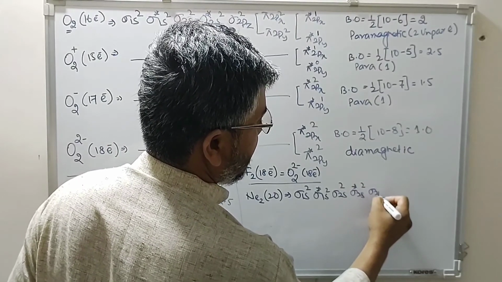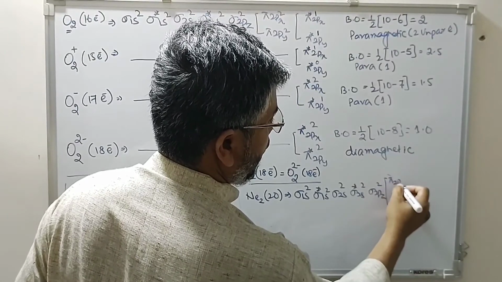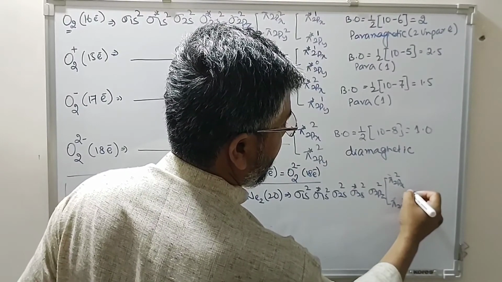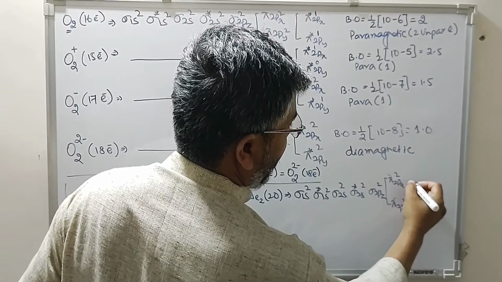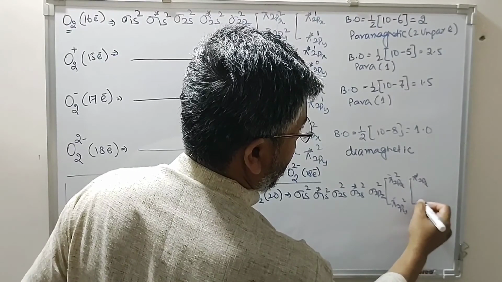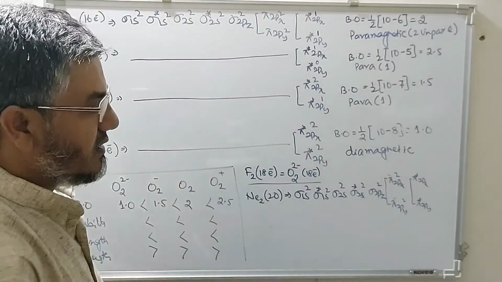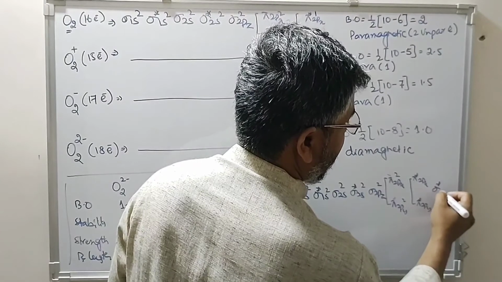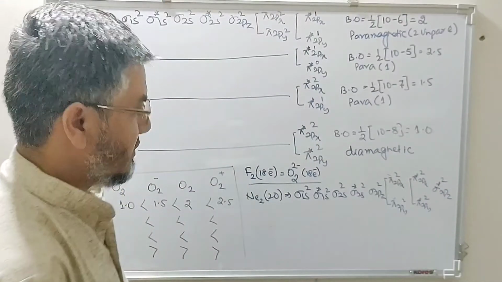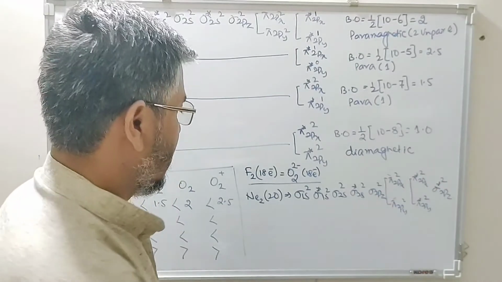Then we have sigma 2pz2, pi 2px2, pi 2py2, then pi star 2px2, pi star 2py2. So this was 18. Then we have sigma star 2pz2. So we have 20.